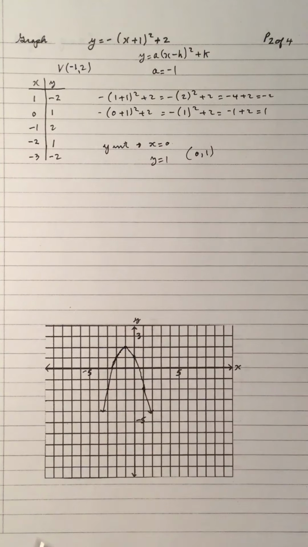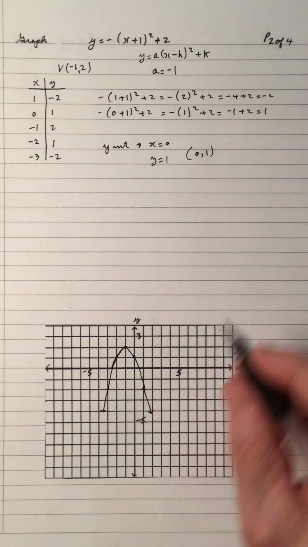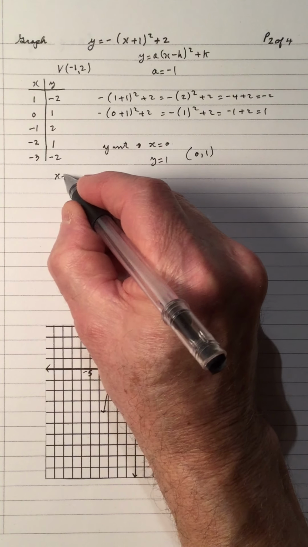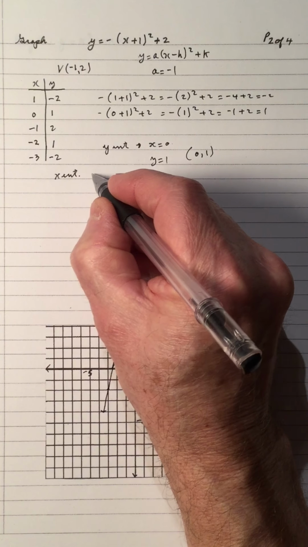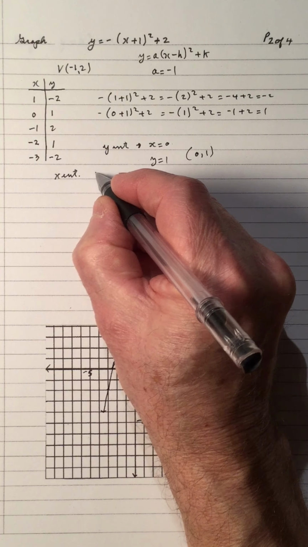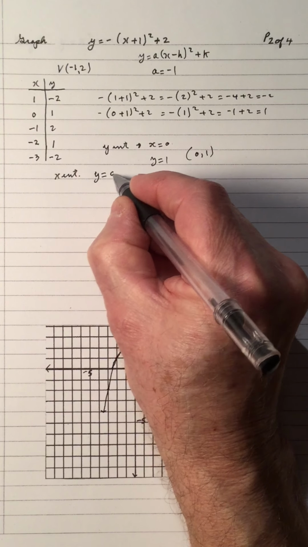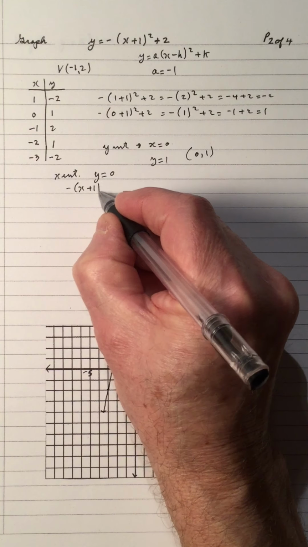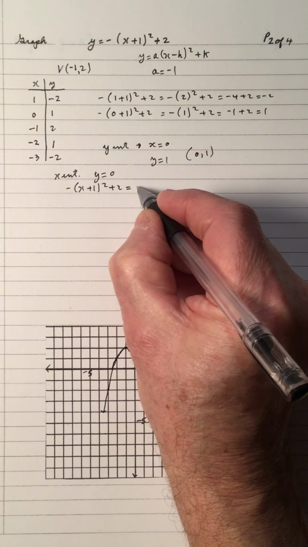But what about if we wanted to find the x-intercepts on this graph? Well, to get the x-intercepts, we let y equals 0, so we go negative x plus 1 all squared plus 2 equals 0.